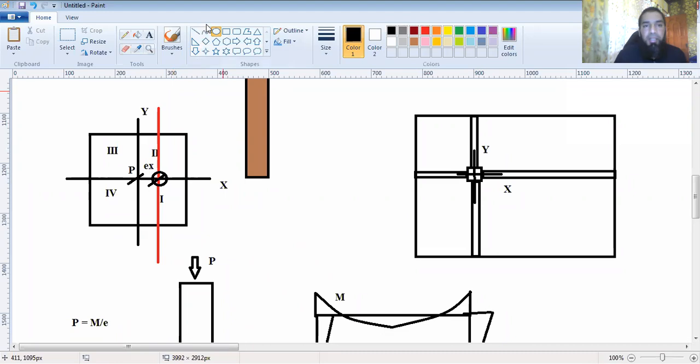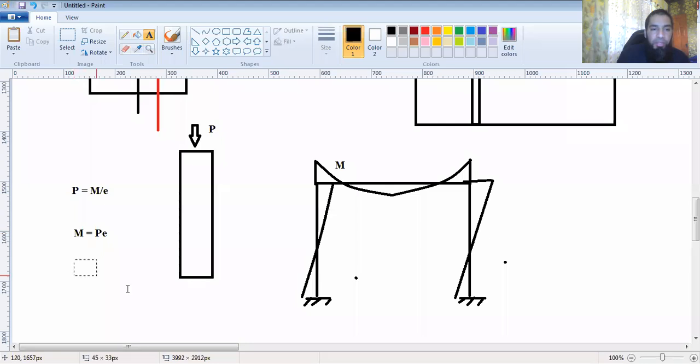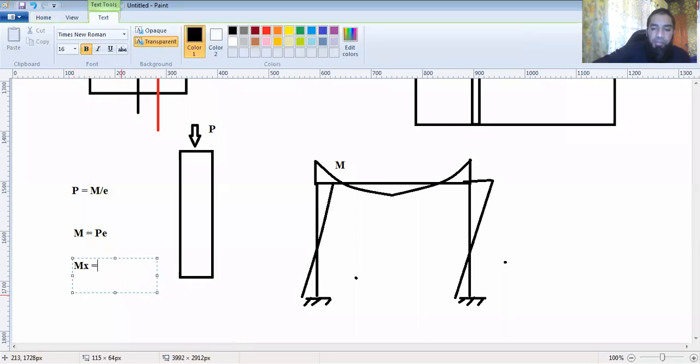So a moment is generated about the center of the cross section. That moment is M, or you can say Mx if you're taking it about the x direction. So Mx would be P into Ex.